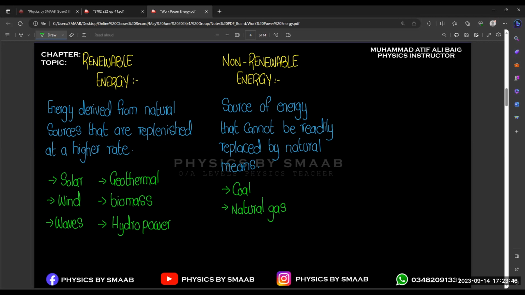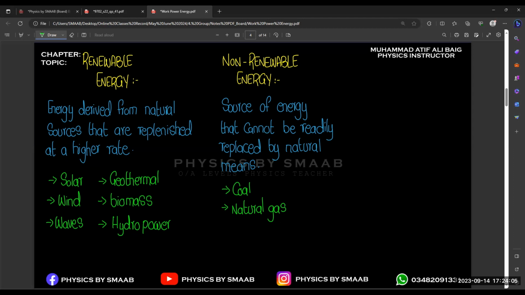Same goes with natural gas, because natural gas is also not freely available everywhere. We have to again go through a complete process. We are using CNG, compressed natural gas, in cars and vehicles as a replacement for diesel or petrol.